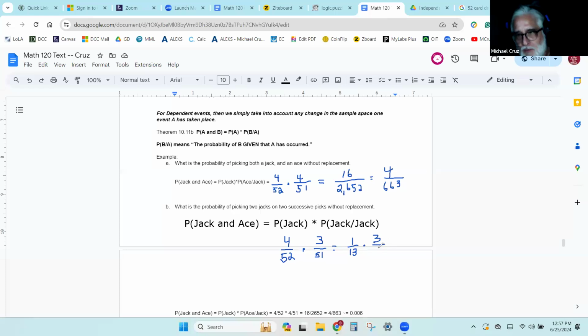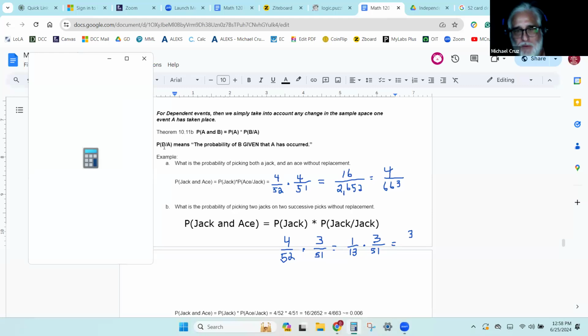And oftentimes, if you do this, you're not going to have to simplify your final answer, at least not nearly as much. So now cross-simplify: 1 times 3 is 3, and 13 times 51.